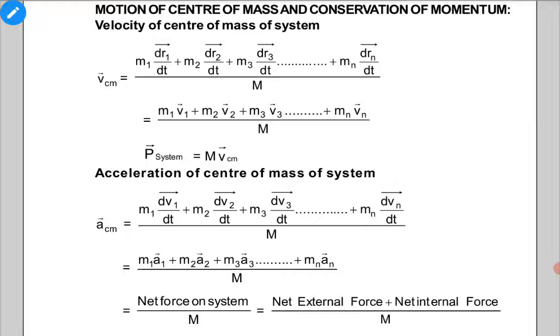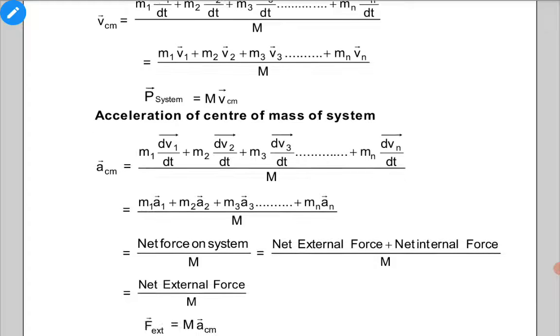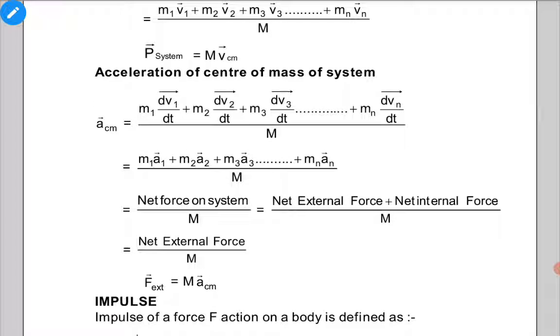Momentum of the system equals m into v center of mass. Acceleration of center of mass of the system: a center of mass equals m1 dv1 upon dt plus m2 dv2 upon dt plus m3 dv3 upon dt up to mn dvn upon dt upon total mass. That is equal to m1 a1 plus m2 a2 plus m3 a3 up to plus mn an upon m.